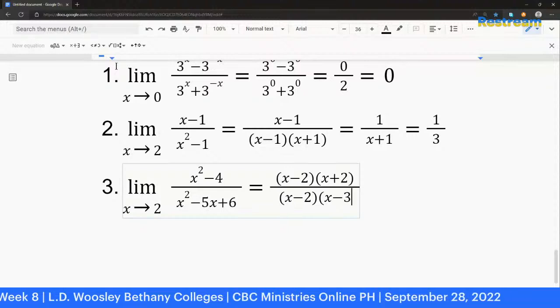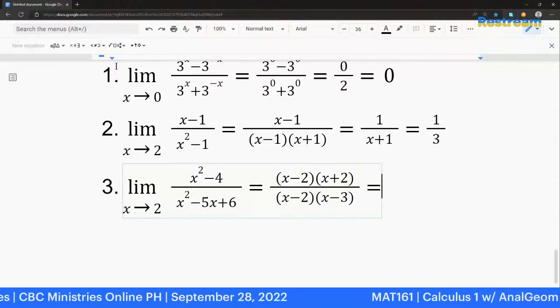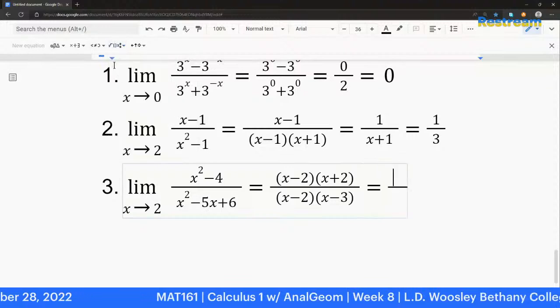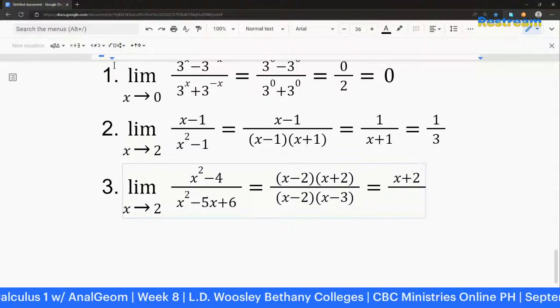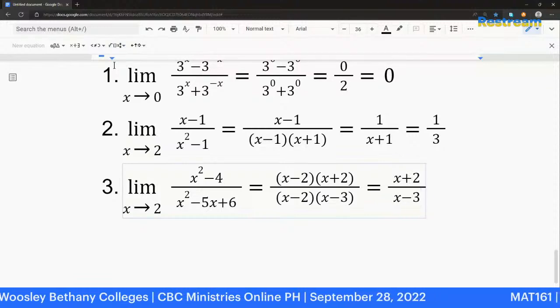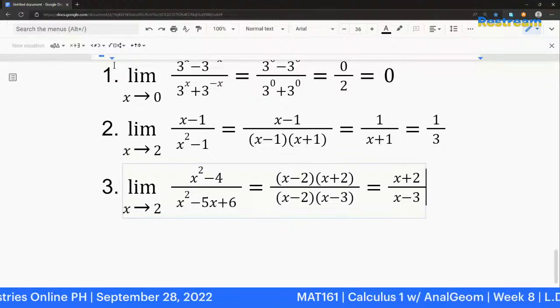Yan. Right? Then, of course, obviously, x minus 2 will be cancelled. Ano matitira, Nora? X plus 2 all over x minus 3. Alright? So, lusot na dun sa invalidity in limit. So, there, we could substitute now for 2.